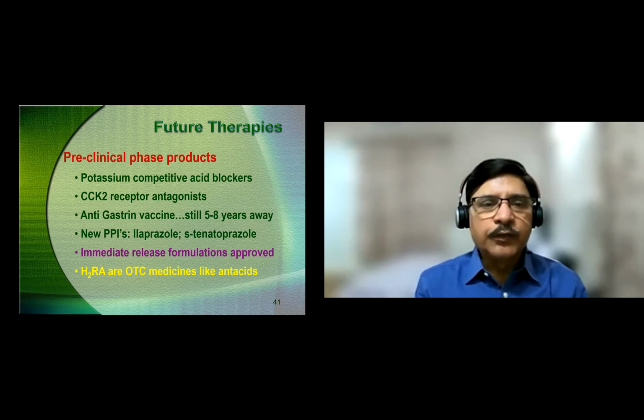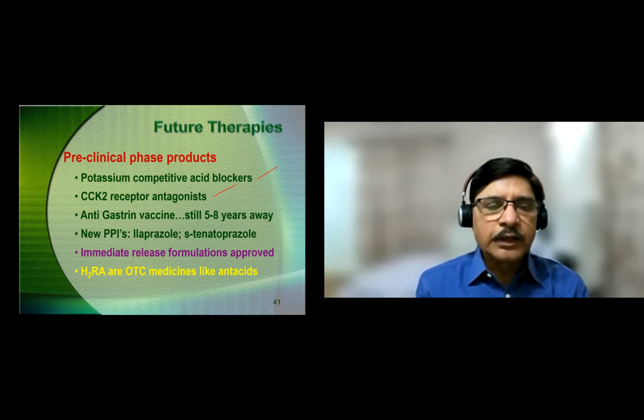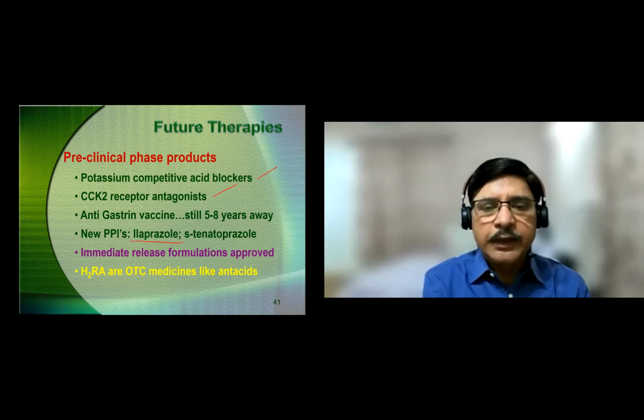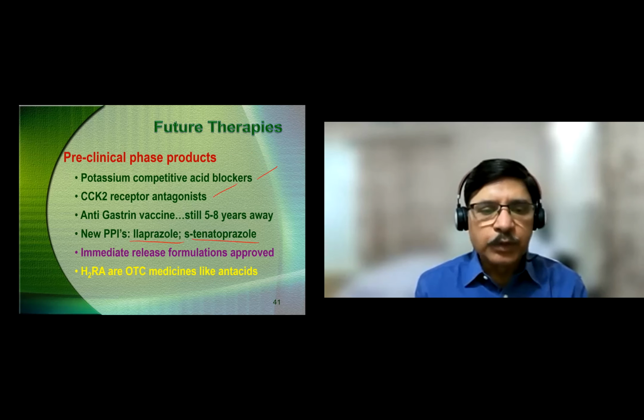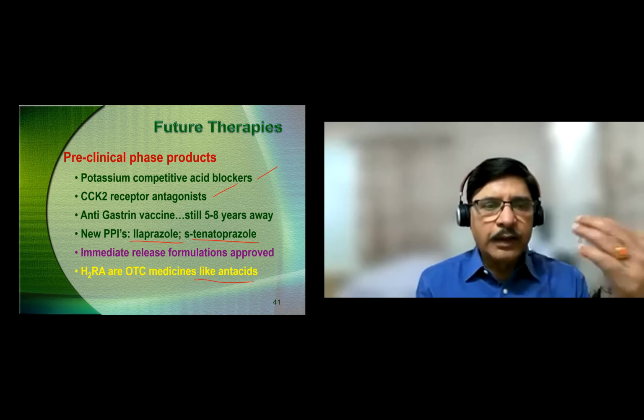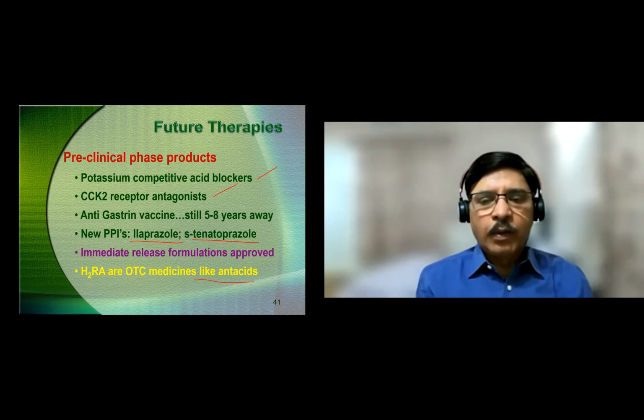Then what are the future therapies? Potassium competitive acid blockers, CCK2 receptor antagonists, that is cholecystokinin 2 receptor antagonists, anti-gastrin vaccine, and new PPIs are already there, like ilaprazole and pantoprazole. They are once a day PPIs, and immediate release formulations are approved. H2RAs are OTC medications like antacids. Now, ranitidine is purchased over the counter like an antacid.